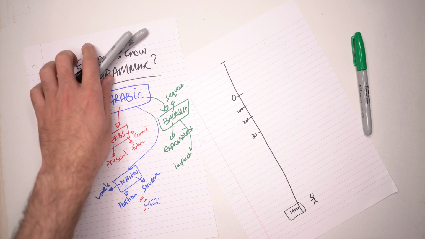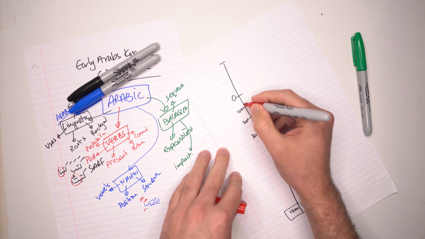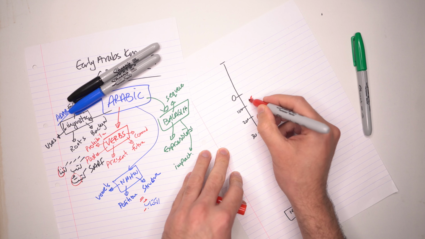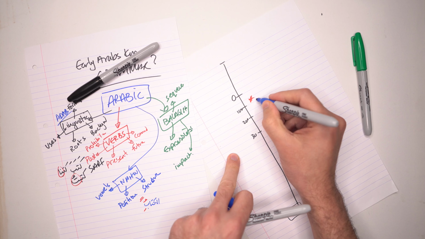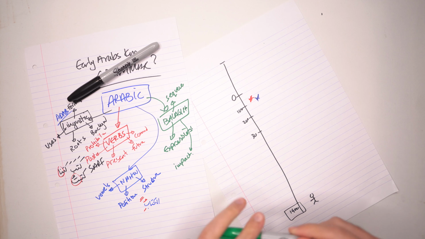What's basically happened is all these sciences have been developed throughout history. For example, the sarf science and nahu science came about around here, roughly at the same time. Balagha may have come a bit later on.